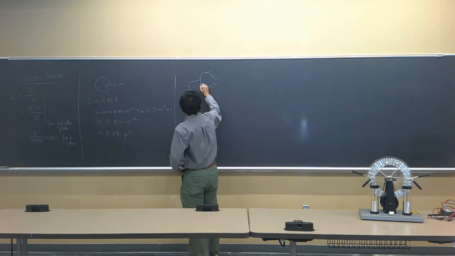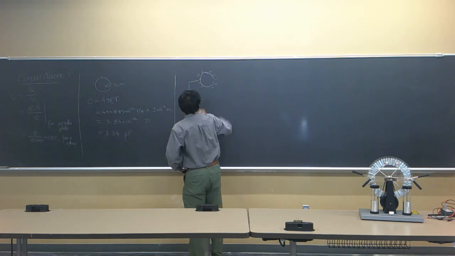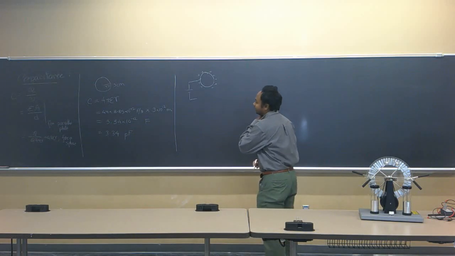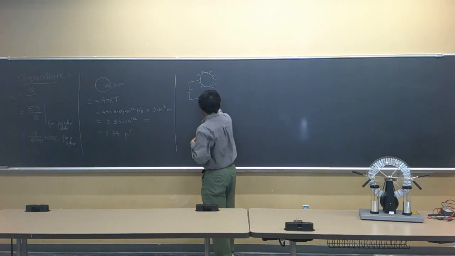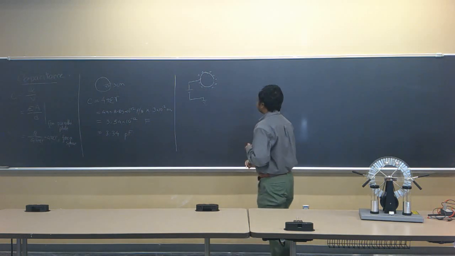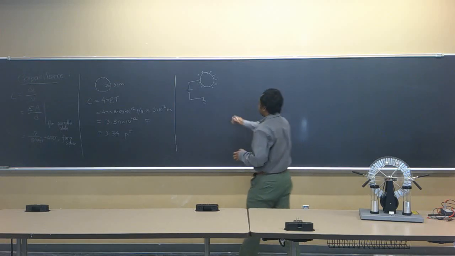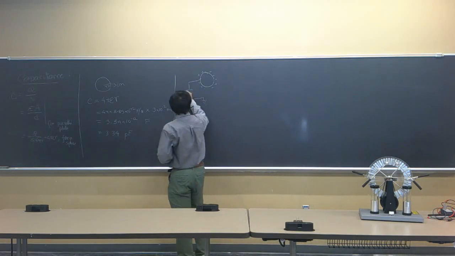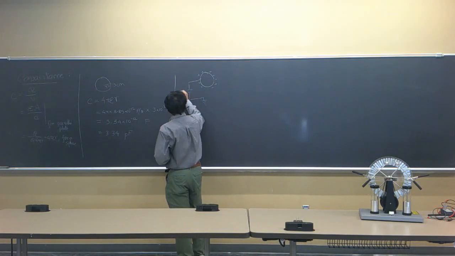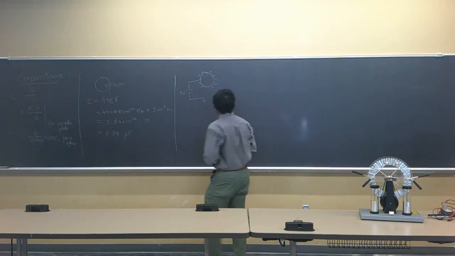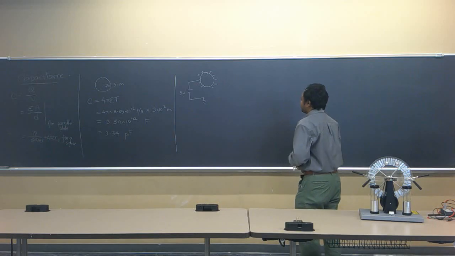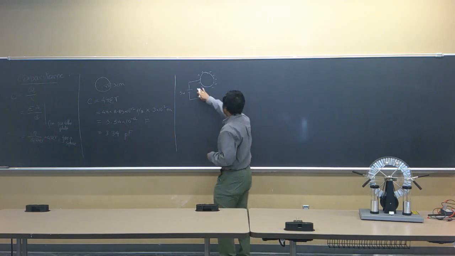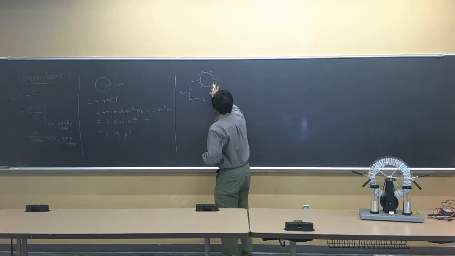If I do that, then I should induce some positive charge on the sphere. And let us say that the negative terminal is at the ground. So if I apply, let's say, a 5-volt battery and touch it to the sphere, how much charge am I going to induce on that sphere?